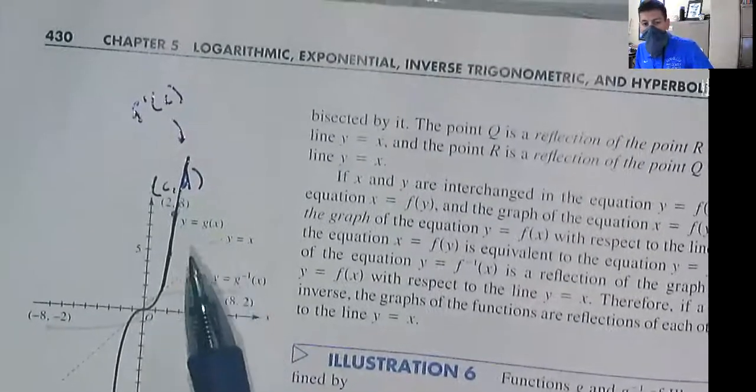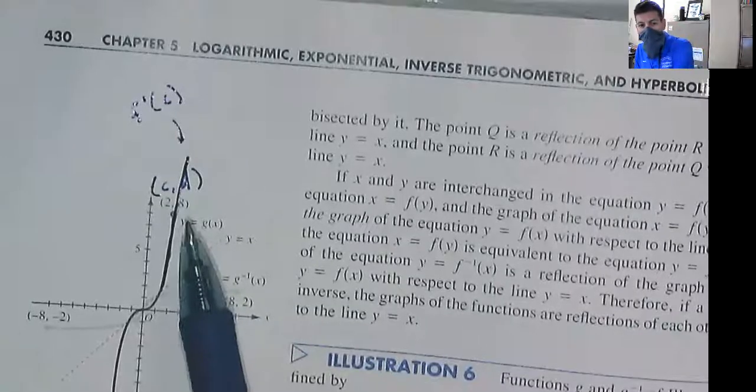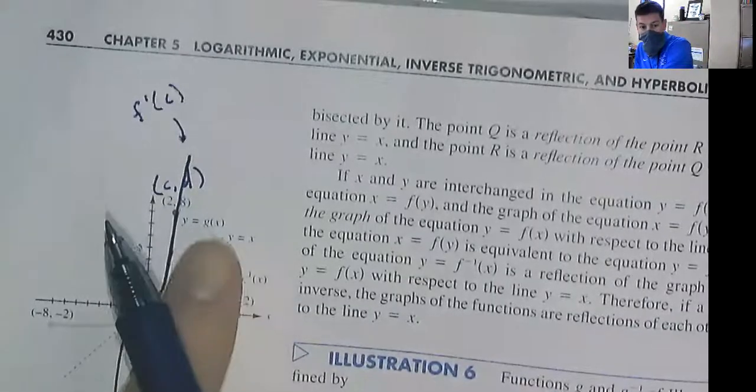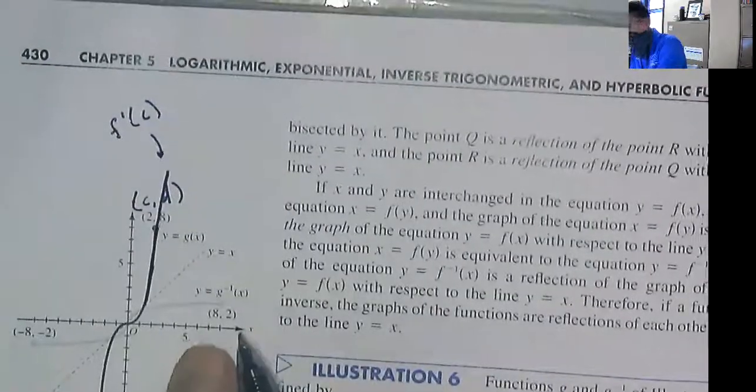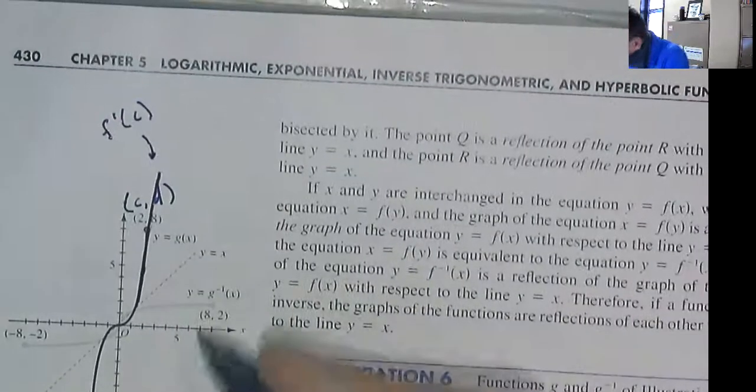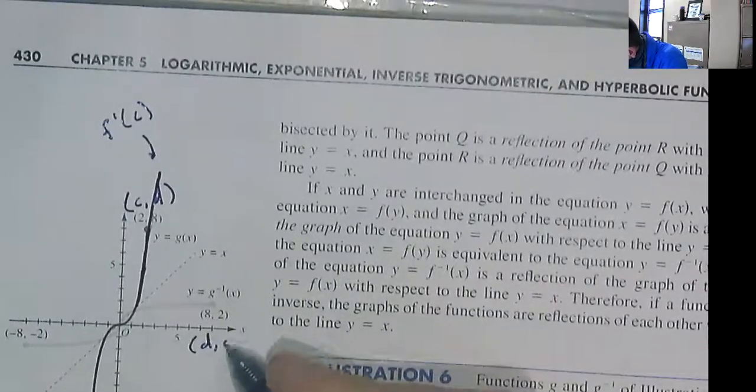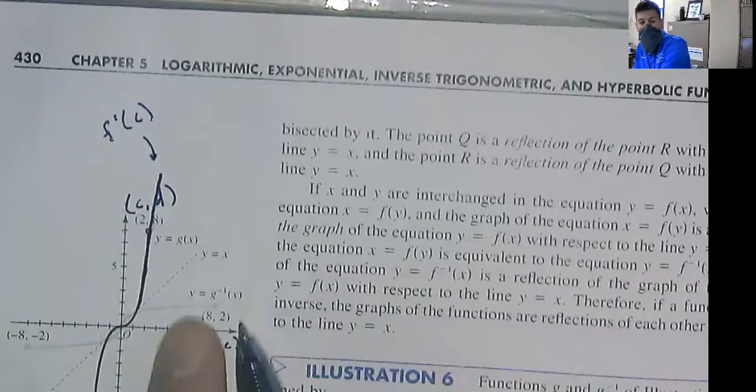So the relationship here is that if we then go to (d, c), specifically (8, 2), this is (d, c).